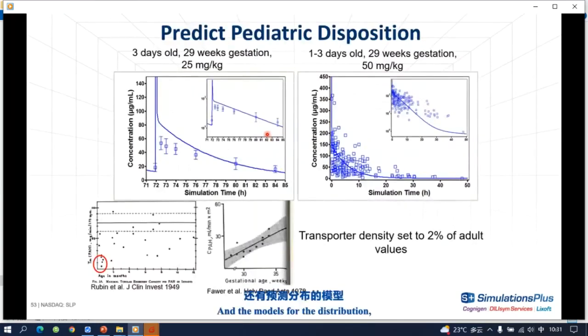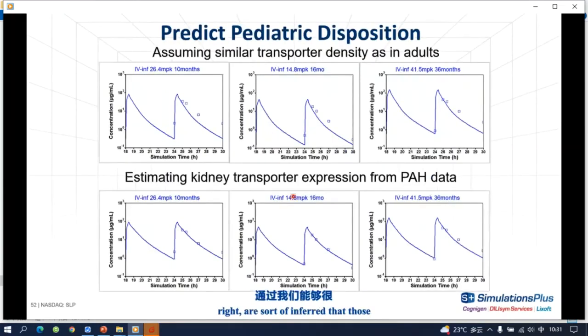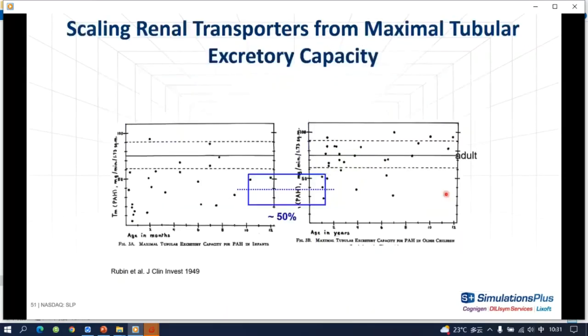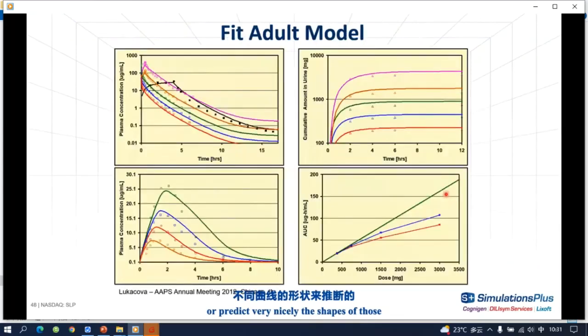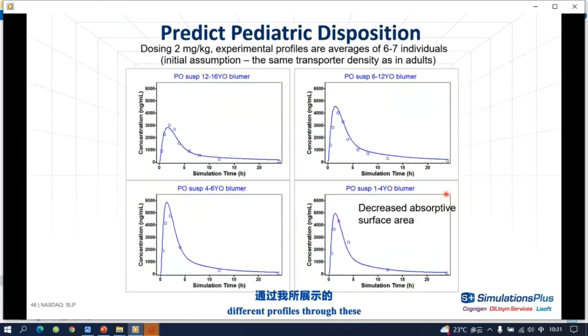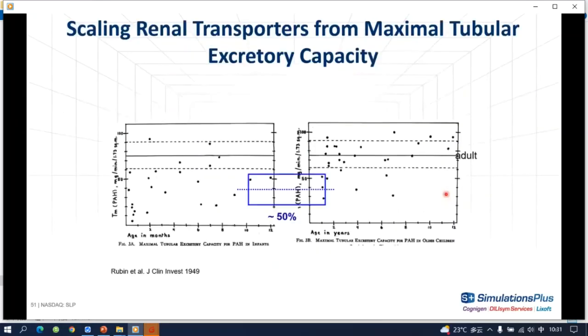And the models for the distribution are sort of inferred to be working by us being able to match or predict very nicely the shapes of those different profiles through these different examples that I was showing. Okay.